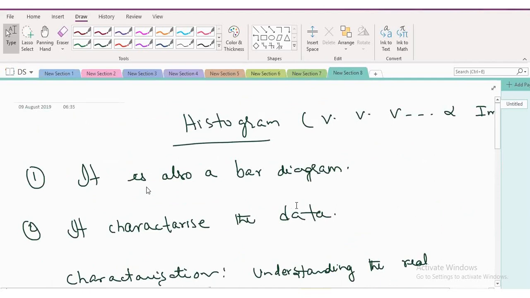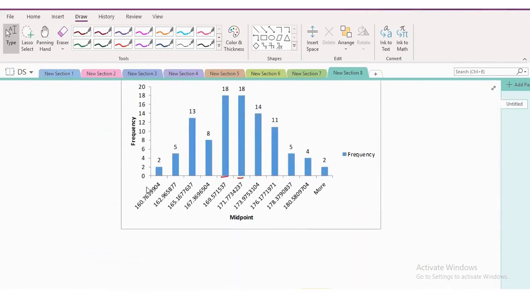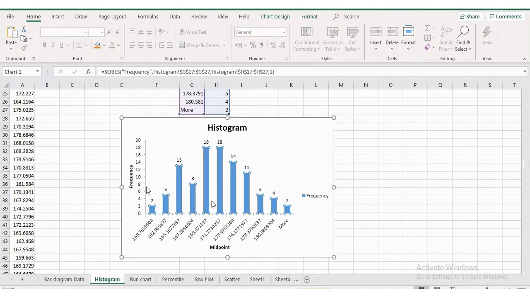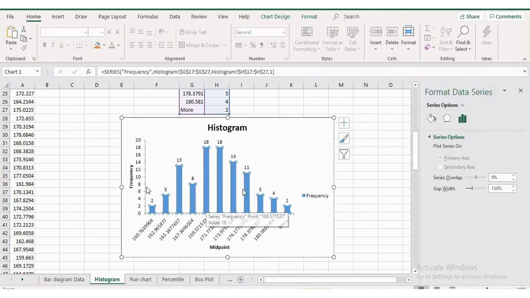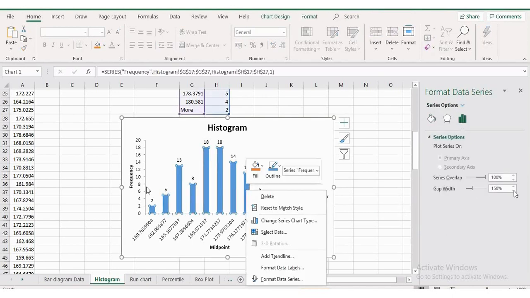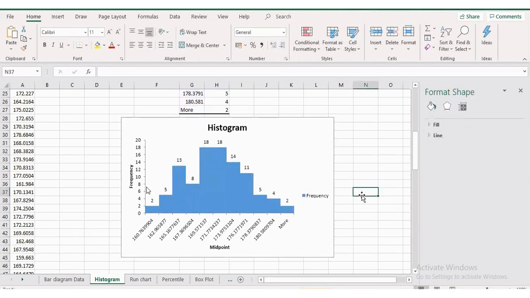Then what is the basic difference between the histogram and the bar diagram? Strictly speaking, these bars should be drawn like this, because the end of one bar is the start of another bar.